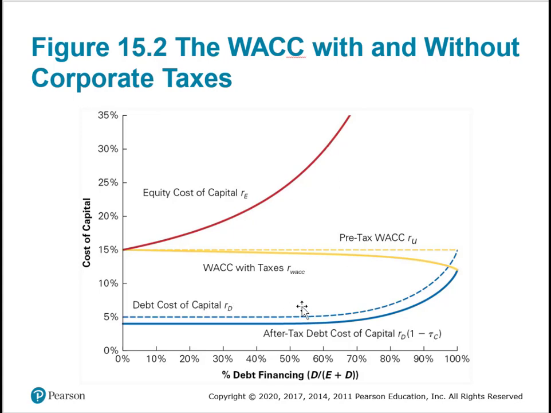But because of the reduction in the cost, because of taxes, the weighted average cost of capital is actually going to decline eventually. So again, if we go back to our formula, if the weighted average cost of capital declines, that must mean that the value of the firm goes up.